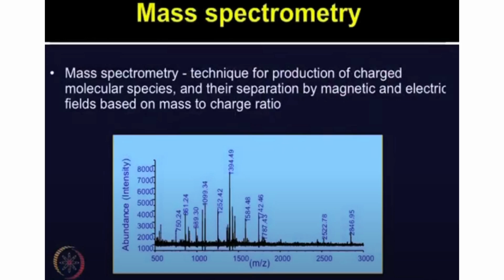Because of the presence of quadrupoles, magnetic and electric fields are created at that specific zone, and based on the mass to charge ratio, the ions separate. When they hit the detector, depending upon which specific peptide hit the detector and their intensity, that's how the peaks appear. And this is how you get the mass spec data.